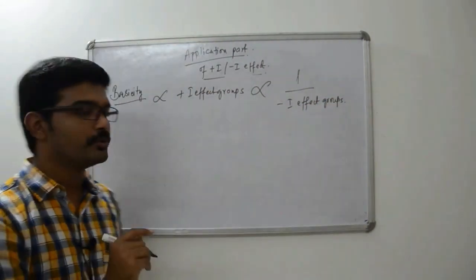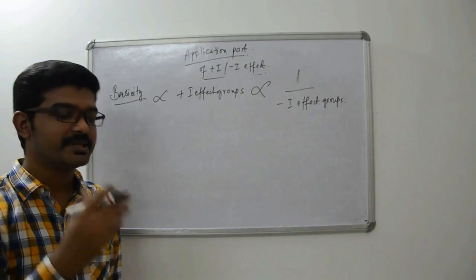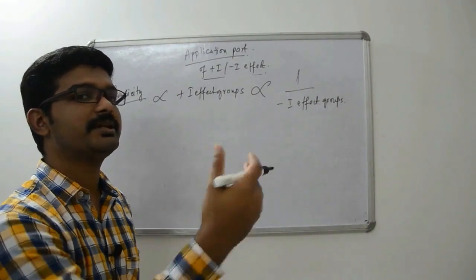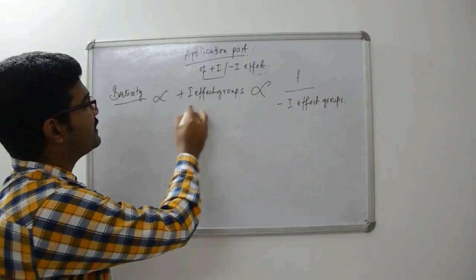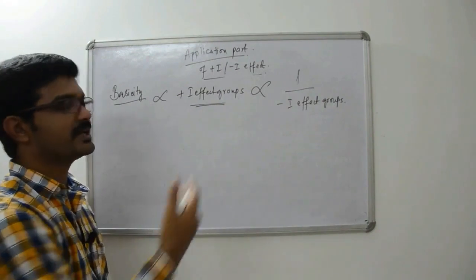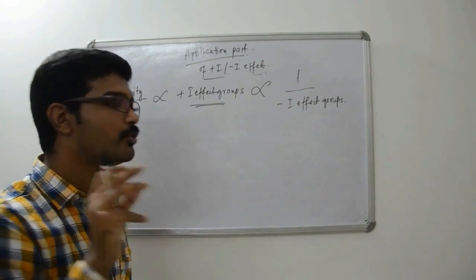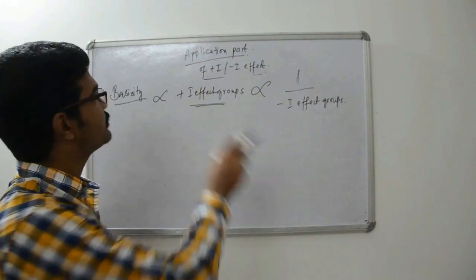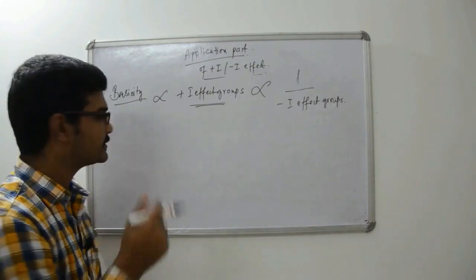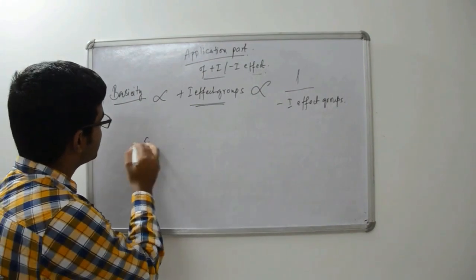Why? Because we know basicity of any species is the ability to donate electrons. So the more the number of plus I effect groups attached, the more they push the electrons, so the basicity will increase. Let us see one example.